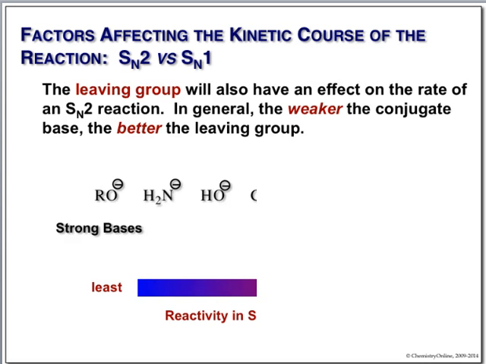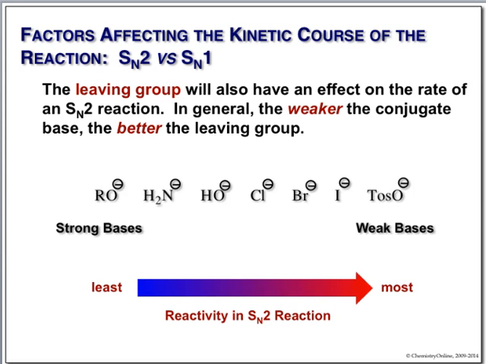I said we could do leaving groups. The most reactive leaving group. Also, this would be the most reactive nucleophile, wouldn't it? So these guys, down here we have strong bases. These are very weak bases. A weak base is very reactive.